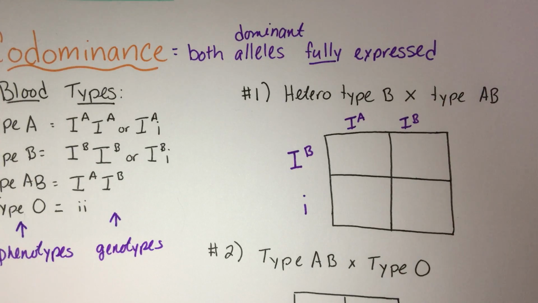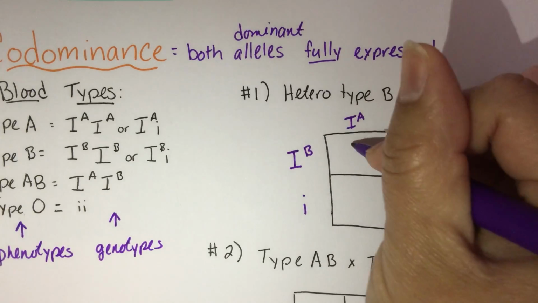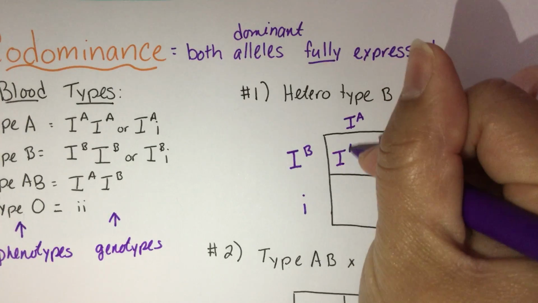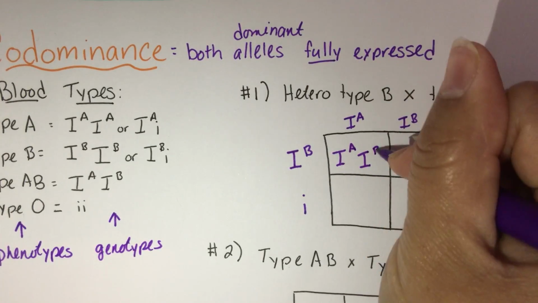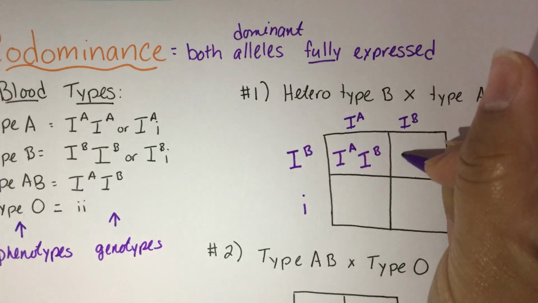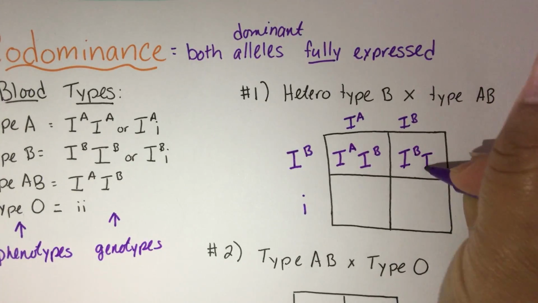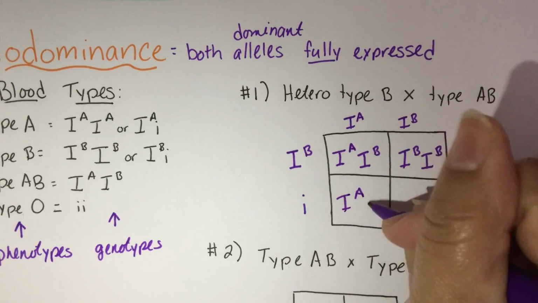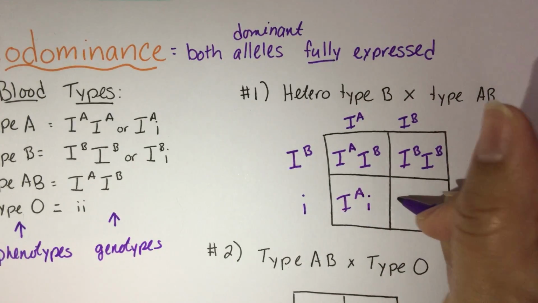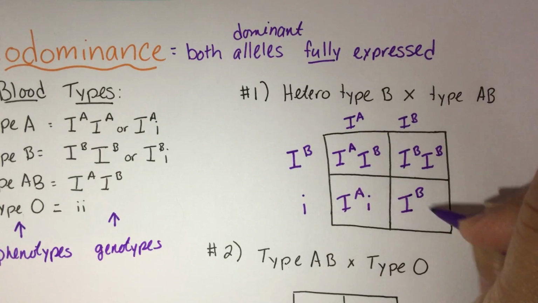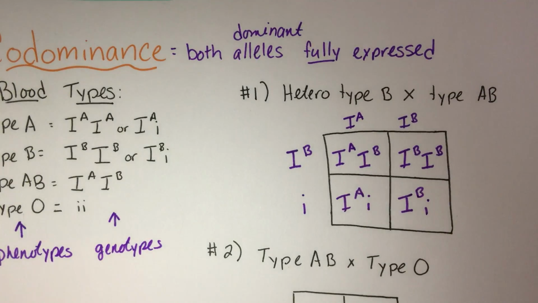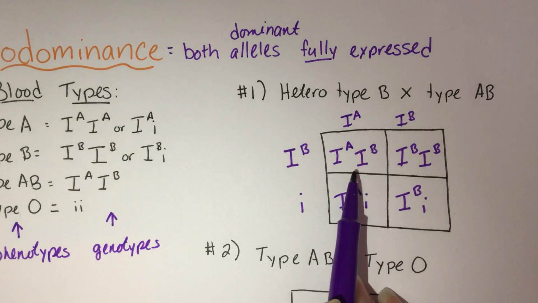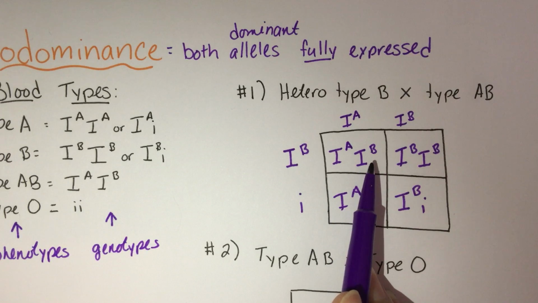So from here, we're going to do our Punnett square just like normal. I'm going to put A first just because it's first in the alphabet. So my first box is big I, big A, big I, big B. Second box, big I, big B, big I, big B. Third box, big I, big A, little I. And then fourth box, big I, big B, little I. So if I'm looking at my offspring, I see that I have one offspring that could be type AB blood.